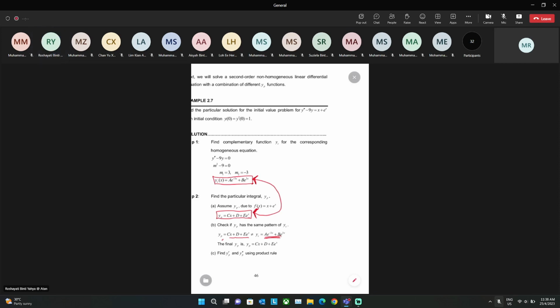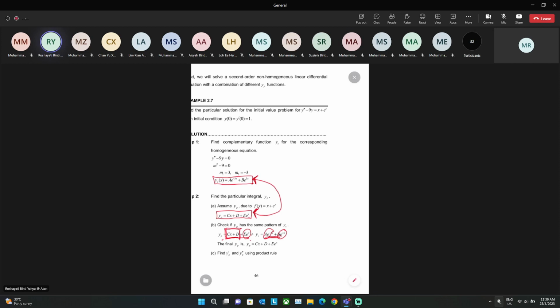So not similar, not the same. Even if this part is the same, this cx plus d part is different from YC.